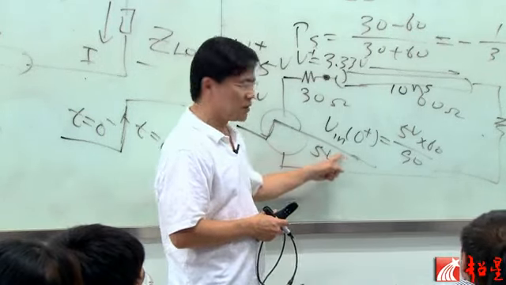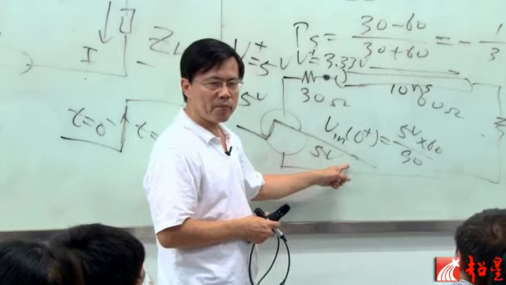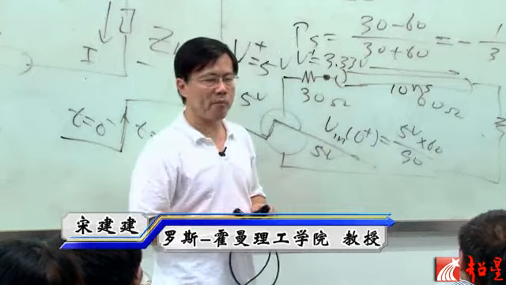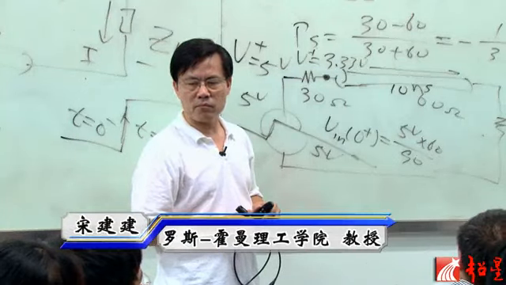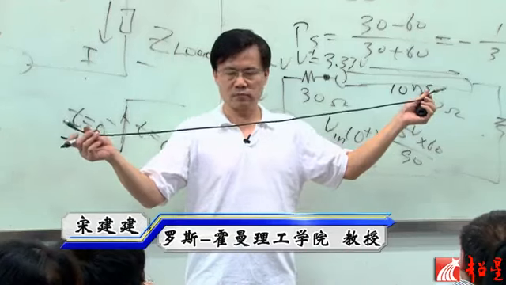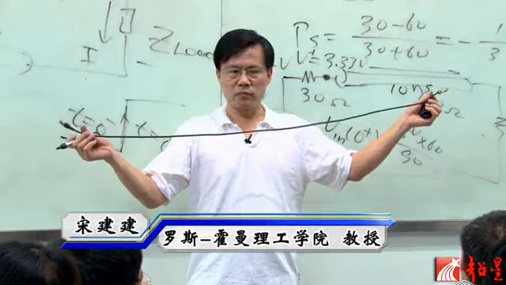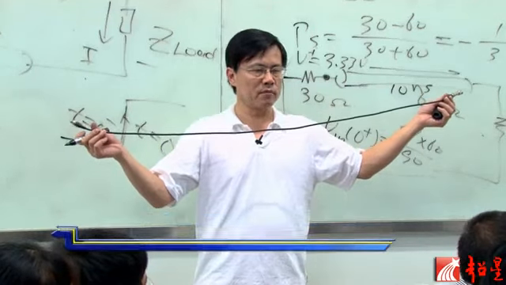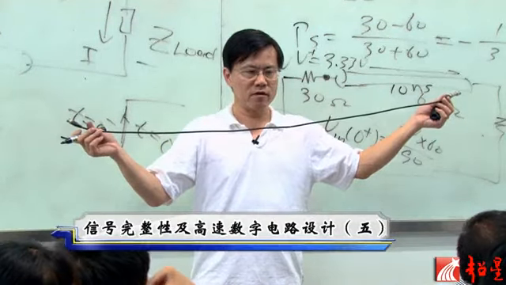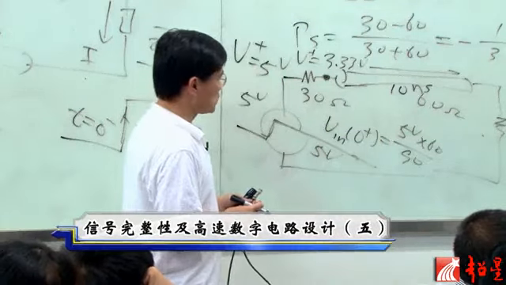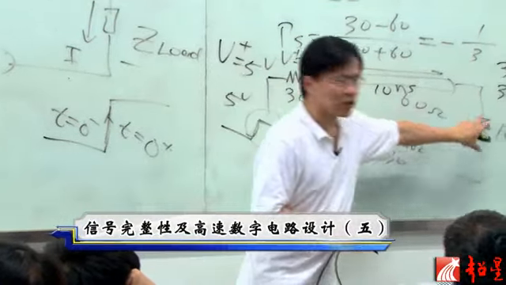It's DC, right? Everything is DC. When everything is DC, what is the transmission line? Do we need to consider this as a transmission line? No, right? So it's a short circuit. If it's a short circuit, what is the final voltage here?